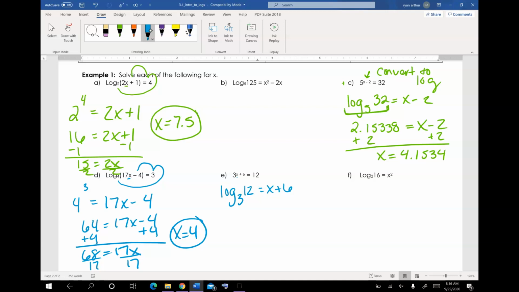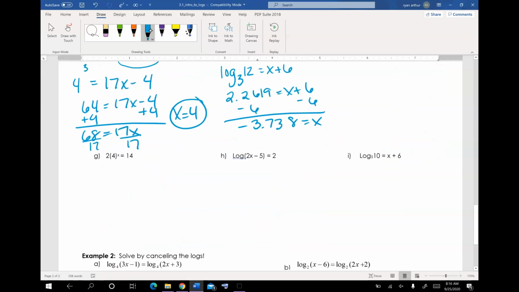I can evaluate what log base 3 of 12 is, and that's going to give me 2.2619. That equals x plus 6. Subtract that 6, and I get negative 3.738 equals x.